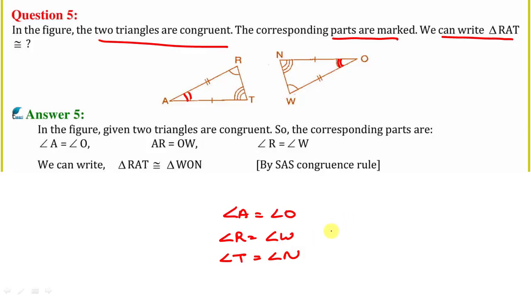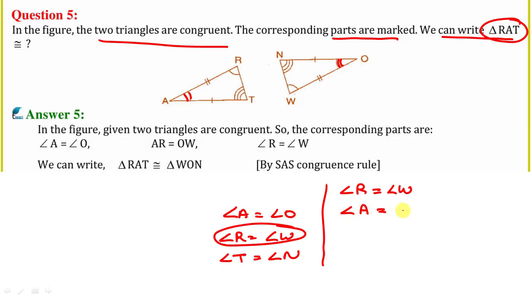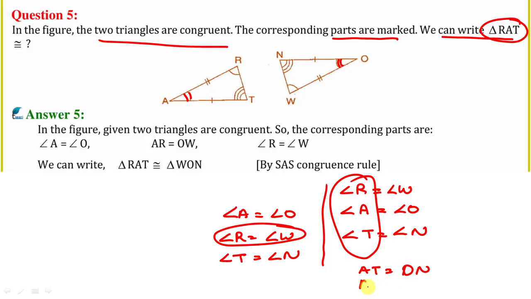If I have to write in sequence, angle R, we have to find triangle RAT. Suppose I write angle R, then it is equal to angle W. Second, angle A is equal to angle O, and last, angle T is equal to N. So this is your triangle RAT, and the other sides are also equal: AT is equal to ON, AR is equal to OW.